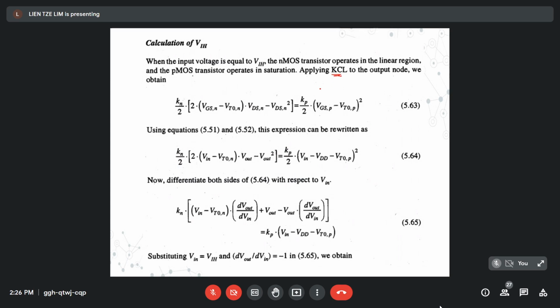All the circuits have drain current and load current, so we use the current equations to differentiate them, and then we get the formula. This one works the same.